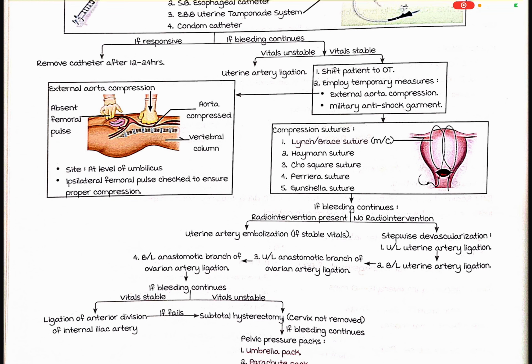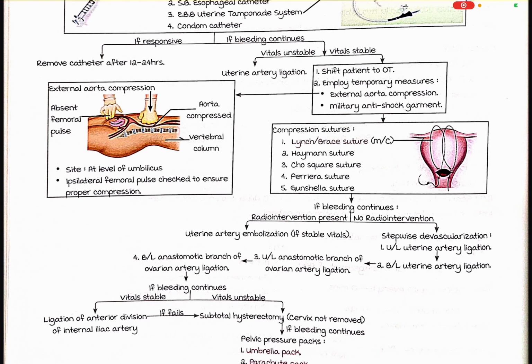If responsive, remove the catheter after 12 to 24 hours. If bleeding continues and vitals are unstable, uterine artery ligation. If vitals are stable, shift the patient to the operation theater and employ temporary measures: external aorta compression, military anti-shock garment.